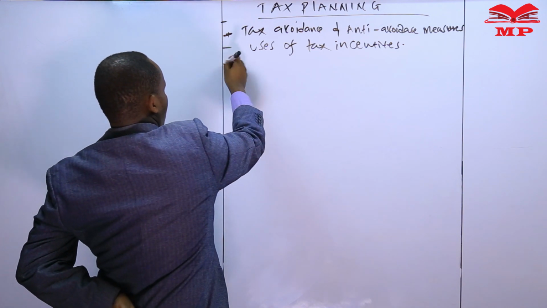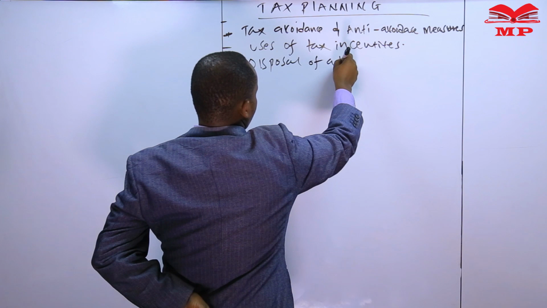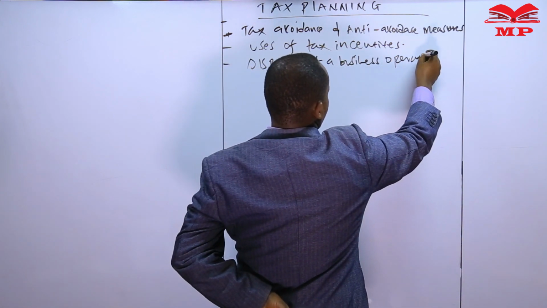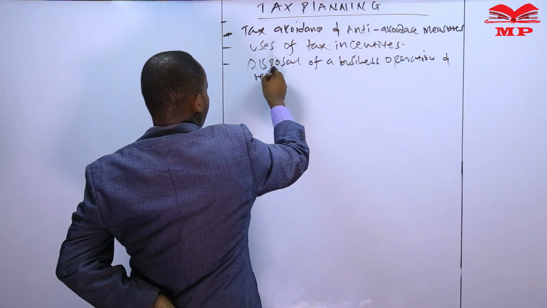The other one was disposal of a business operation and restructuring activities.